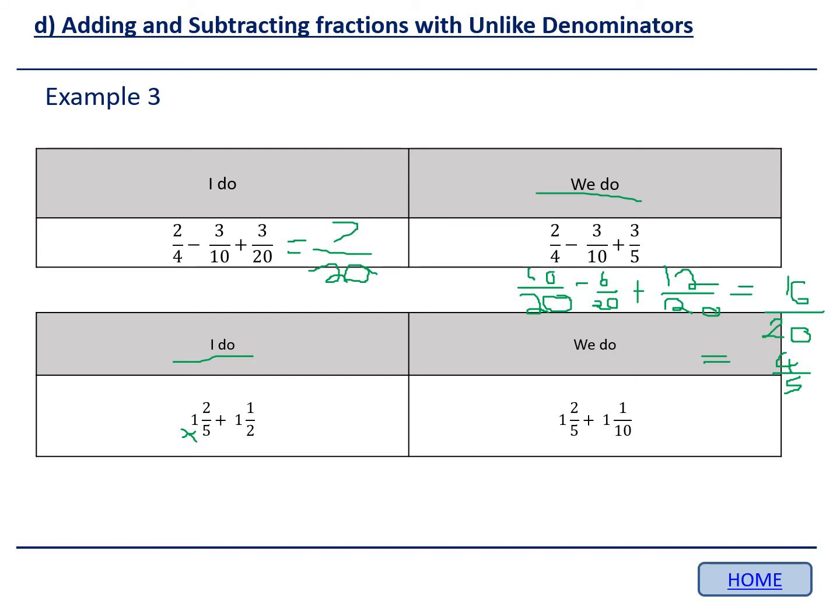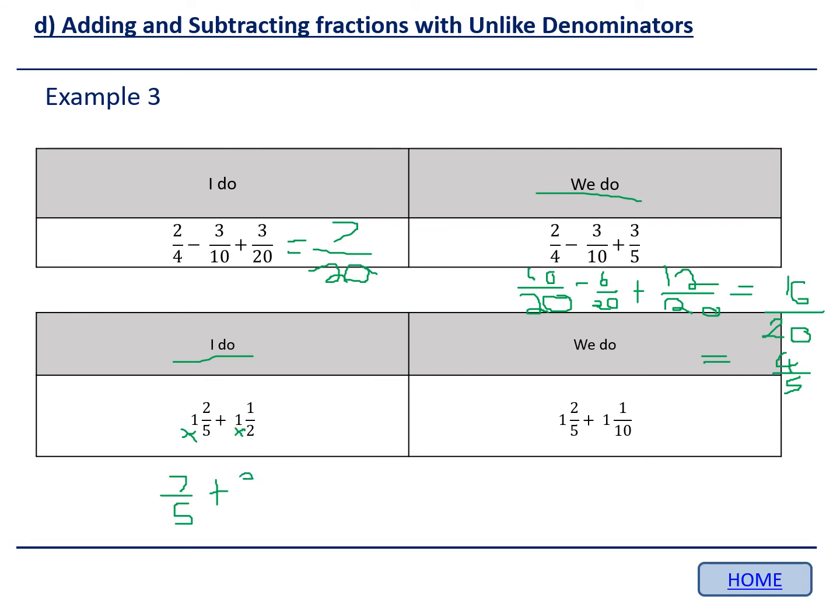Okay, so 1 times 5 is 5, and we need to plus the numerator. Okay, so that's going to leave us with the improper fraction of 7/5, and then we must times the whole 1 by 2, again to get rid of the whole number, we times the 1 by the denominator, the 2, and that's going to give you 2, and then we add the other half on.